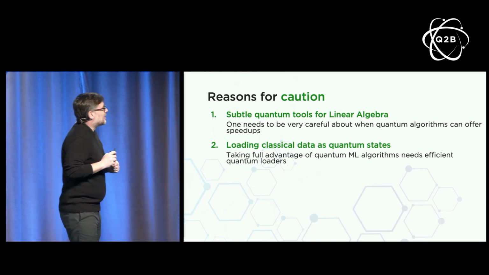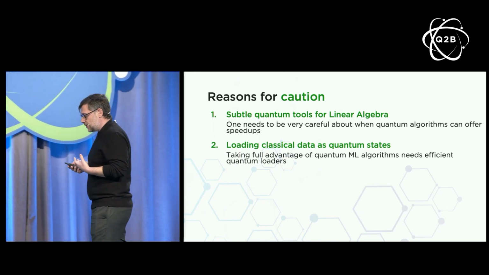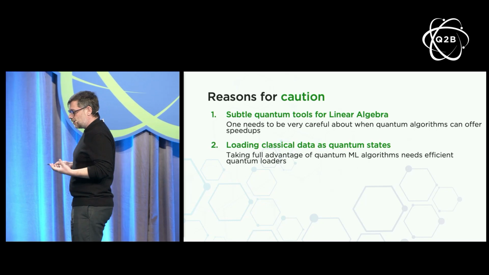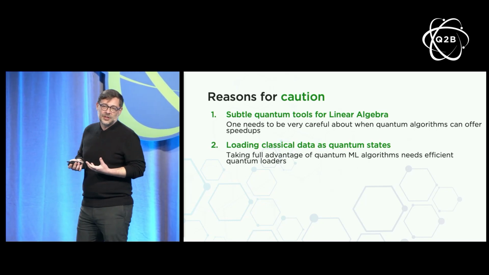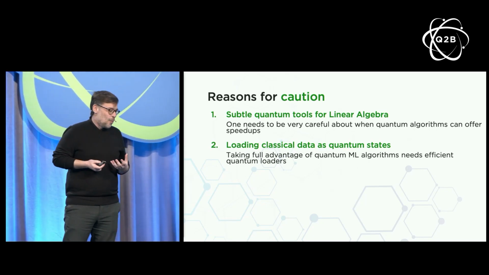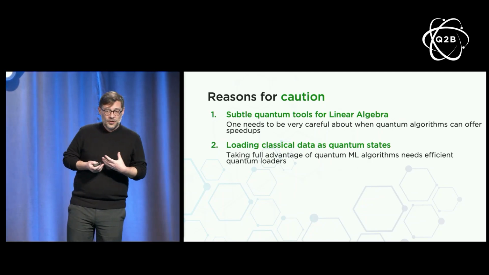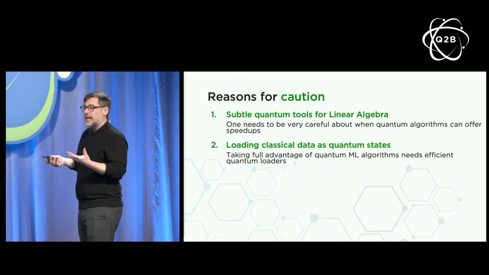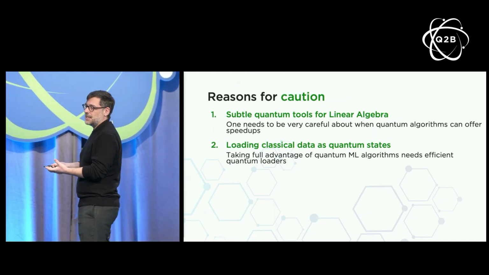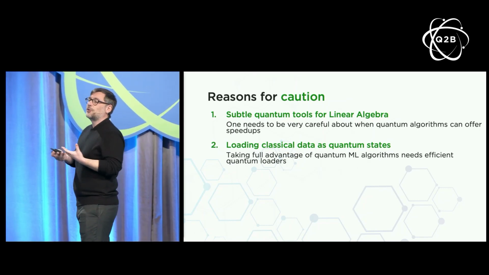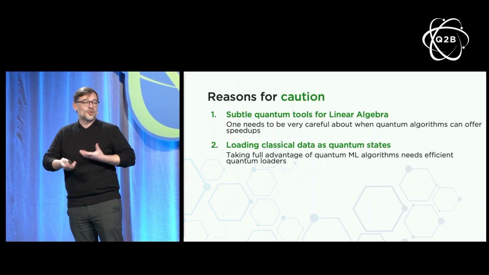The second is that if we want to get the full power of quantum computing when it comes to quantum machine learning, one of the things that we have used quite a bit is the ability to take all this classical data that we have and somehow load it in a quantum way so that the quantum computer can actually do these computations much faster.